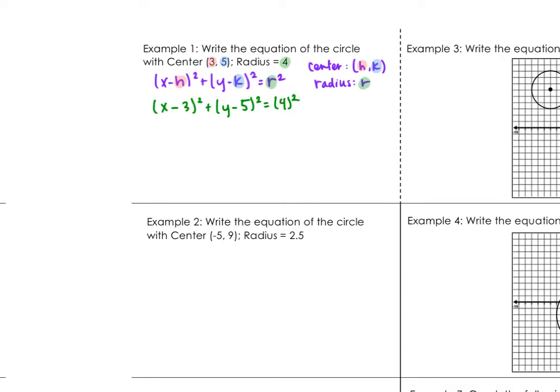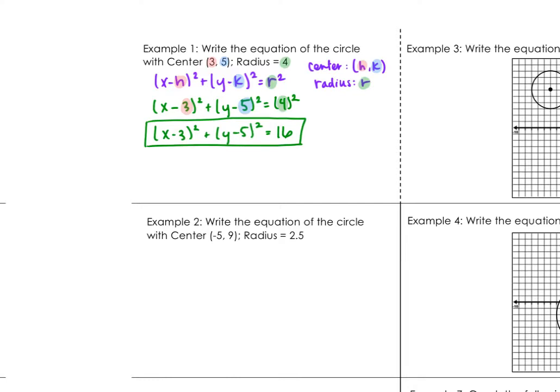So my final answer is (x - 3)² + (y - 5)² = 16. Again, all we did for this problem is we plugged in h for h, k for k, and r for r.